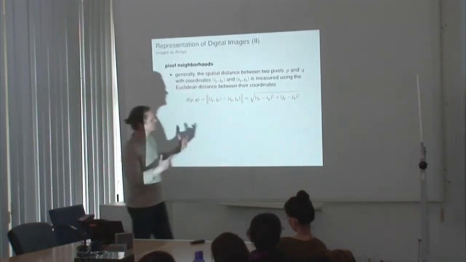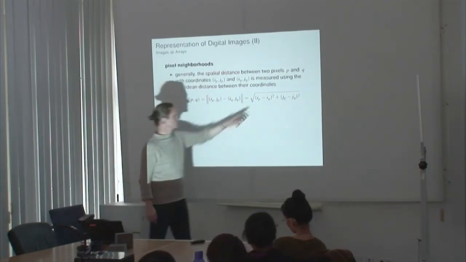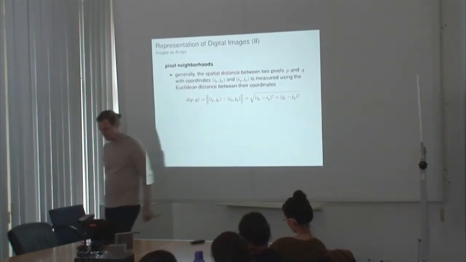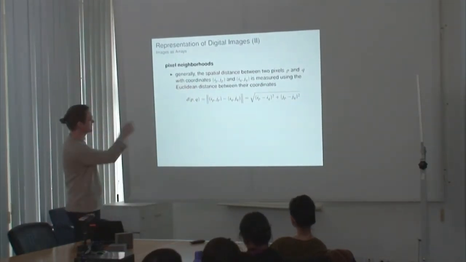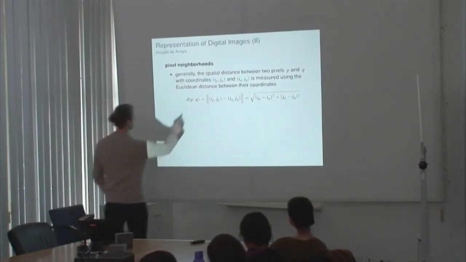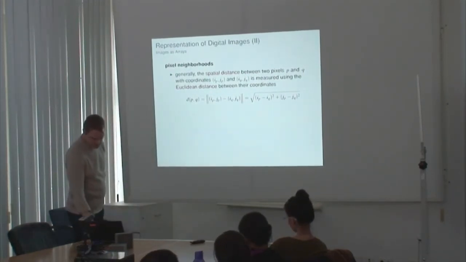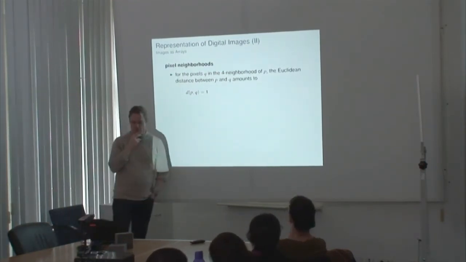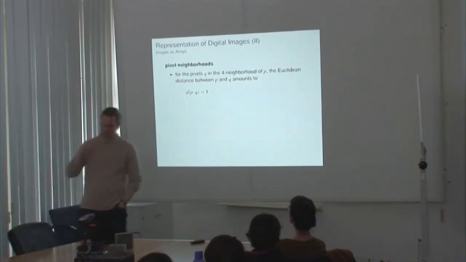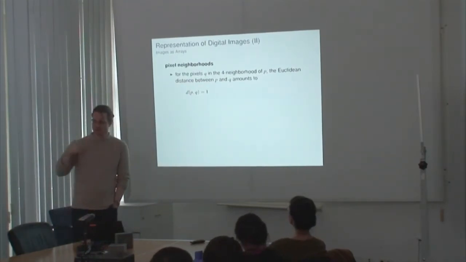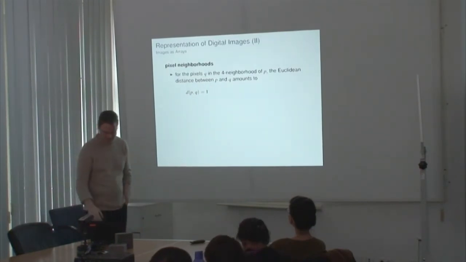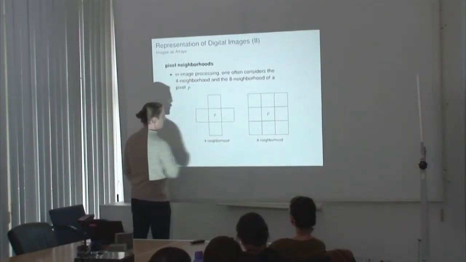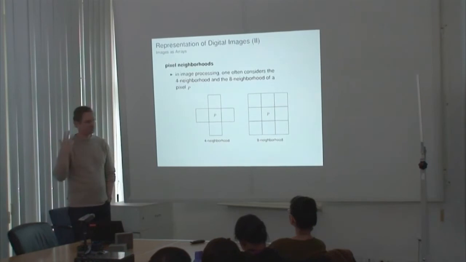We have to square that, and since these are 2-dimensional vectors, we add to that the difference j_P minus j_Q, again squared, take the square root of the resulting sum, and we have the distance between P and Q. Nothing new here. The interesting thing is that for all the pixels in the 4 neighborhood of a certain pixel P, this distance evaluates to 1. Right? So those 4 pixels are at a distance 1 from P.